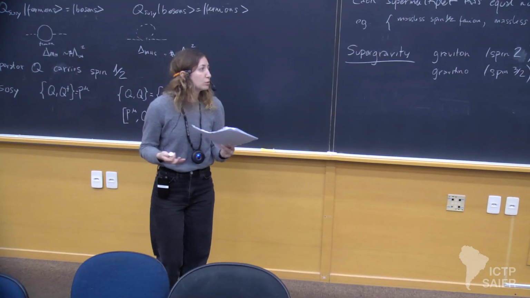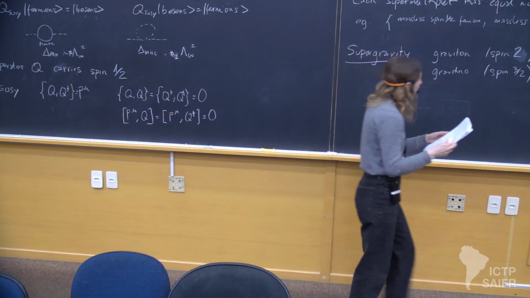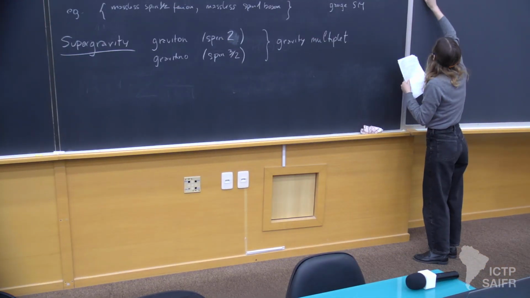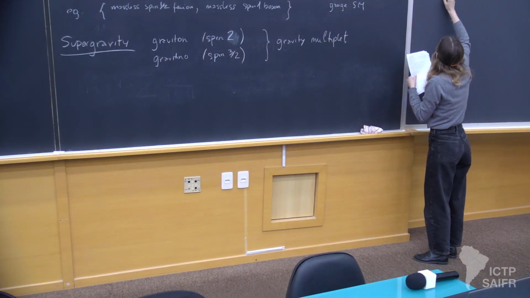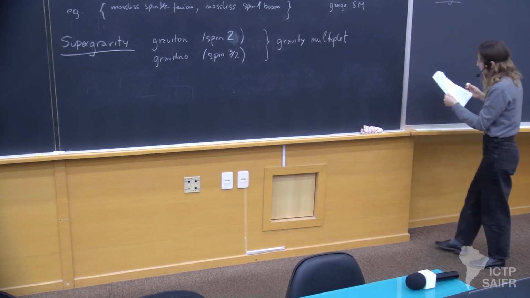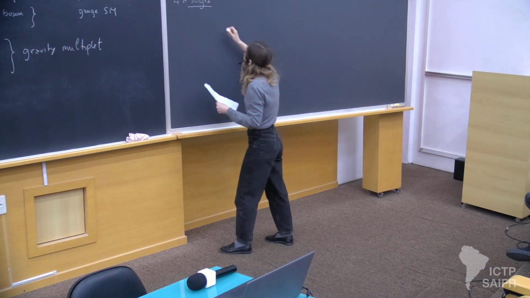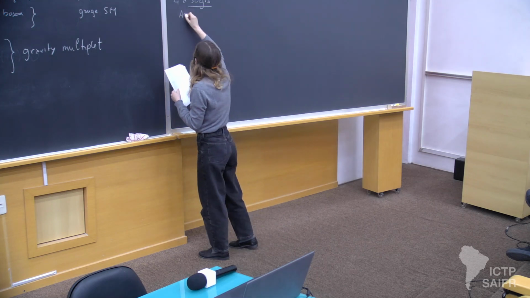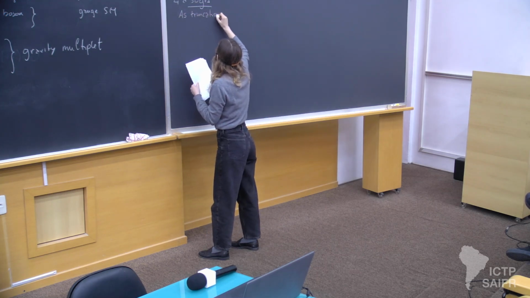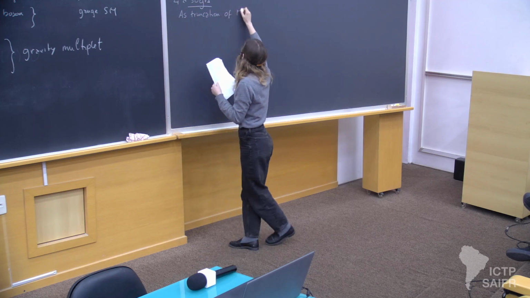So we're going to work with 4-dimensional supergravity theories, also abbreviated SUGRA, that will arise as a truncation of M theory.